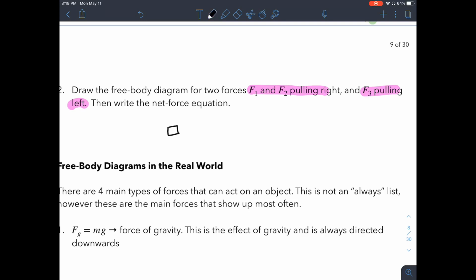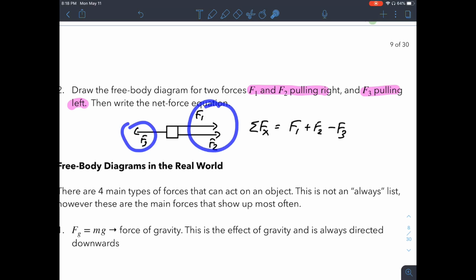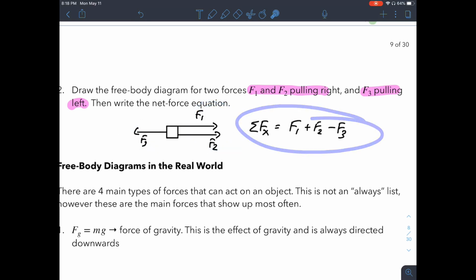So if we draw a box, because remember I told you everything in physics is a box, we've got F1 and F2 pulling right, and then we've got F3 pulling to the left, which means the sum of the forces in the x direction is going to be F1 plus F2 minus F3.